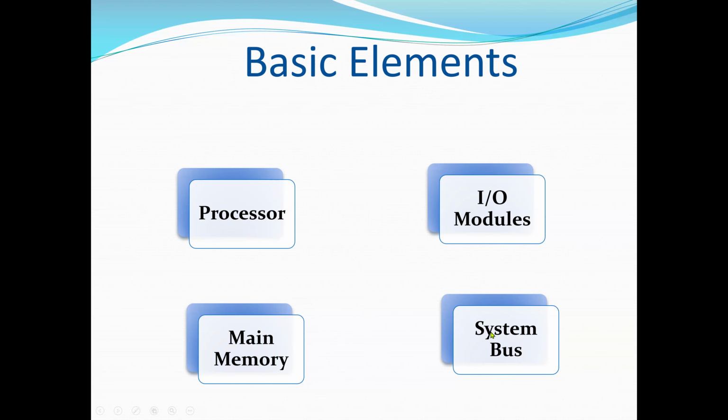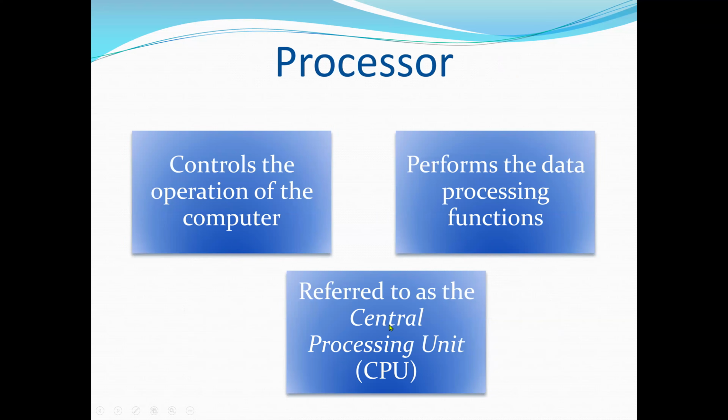These components are interconnected in some fashion to achieve the main function of the computer, which is to execute programs. So the operating system's main goal always is to execute programs. As we said, there are four basic elements of any computer system: the processor, I/O, which is the input and output devices, the system bus, and the main memory.